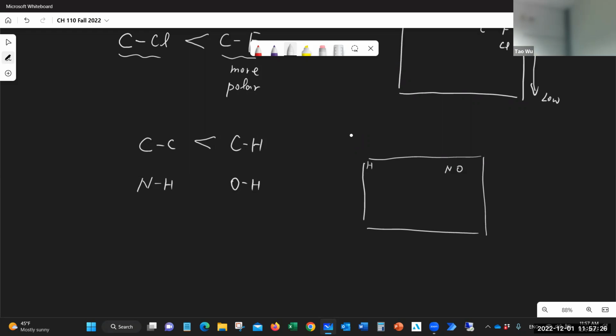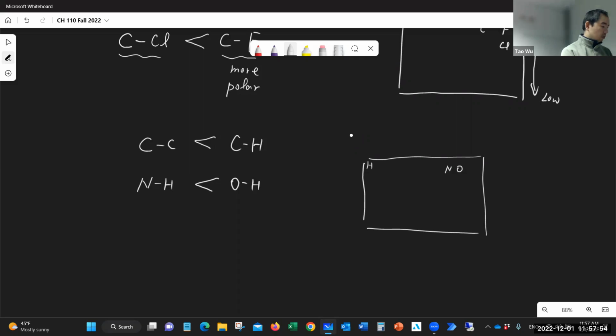Oxygen is farther away. The farther away, the bigger the difference will be. That makes sense, right? Because this area is the highest. So obviously the oxygen-hydrogen bond is more polar than the nitrogen-hydrogen bond.